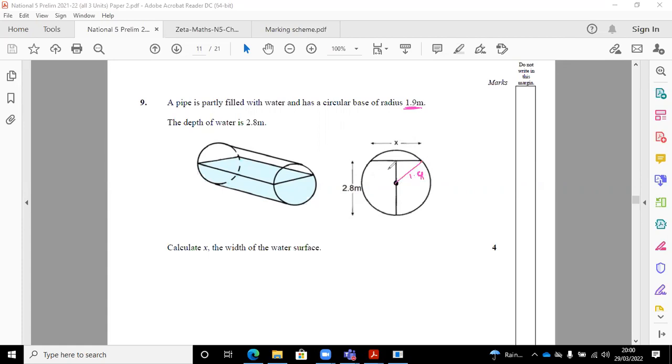What else are you given? Well, you're sometimes given this length here, or you're sometimes given this length here. In this question, you've been given information to allow you to find this bit.